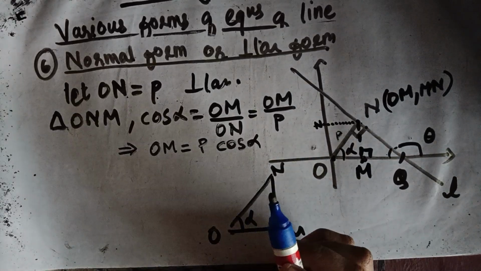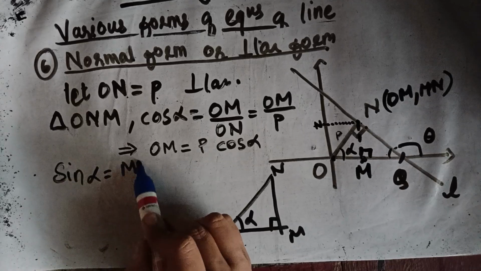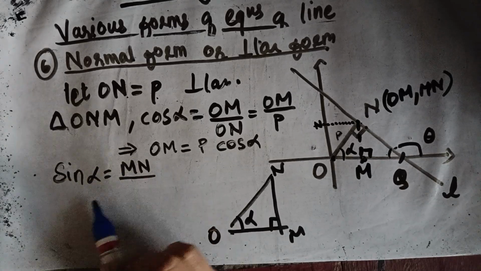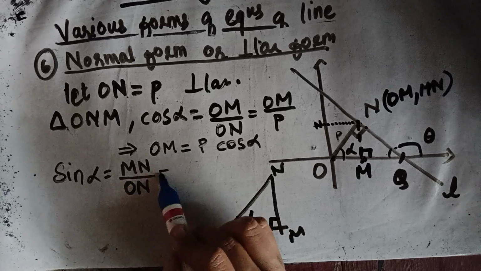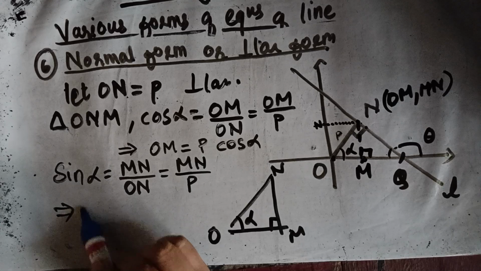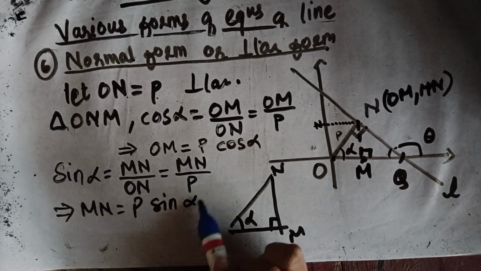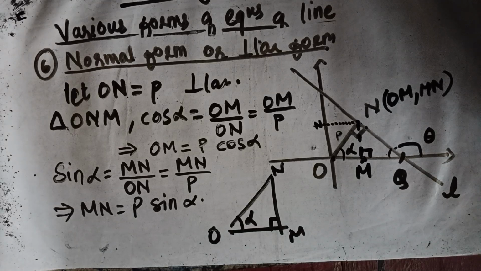Same way you have to write for sin alpha. Sin alpha is opposite upon hypotenuse, so MN upon P. So you will get MN is equal to P sin alpha.